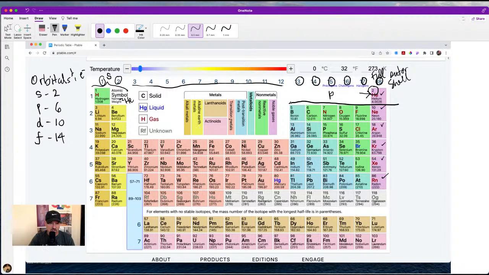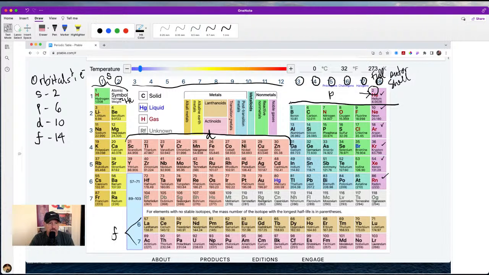Then the transition metals from here over to here, this is the d orbital. And then these 2 rows down here make up the f orbital. Not to be confused with your potential grade in chemistry. Just kidding. Okay, so we have s, p, d, and f.